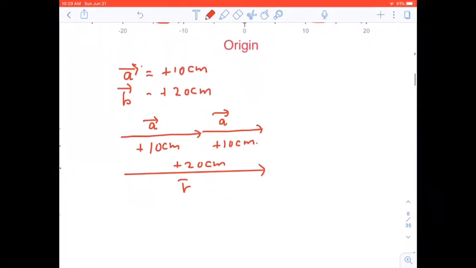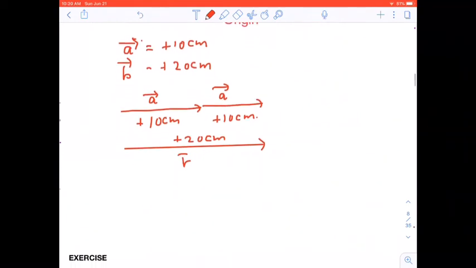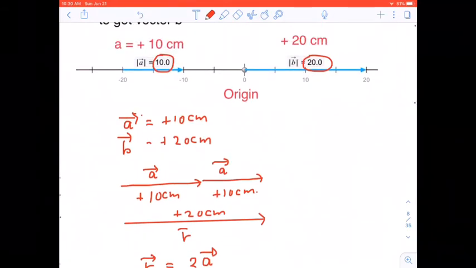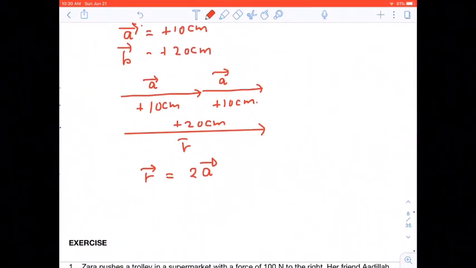And if that is 20 centimeters, we can see that the resultant is actually equal to 2 times vector A, which in our case would be B. So R, the resultant vector, or in this case we could say B is equal to 2 times A.